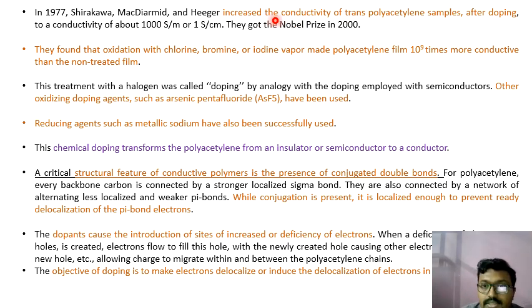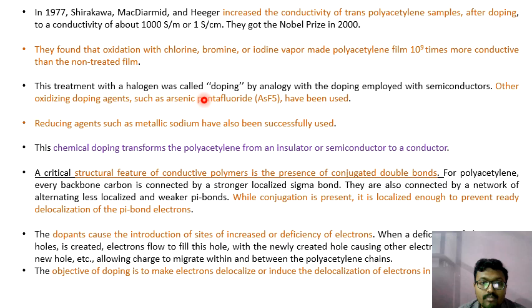Now we can increase this conductivity. We can increase the conductivity of trans polyacetylene sample after adding some external molecule, which is called doping or dopant. If we react polyacetylene with some molecule like chlorine, bromine, iodine, we can see that polyacetylene becomes 10 to the power 9 times more conductive.